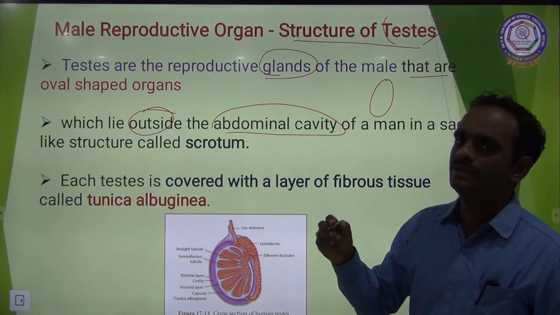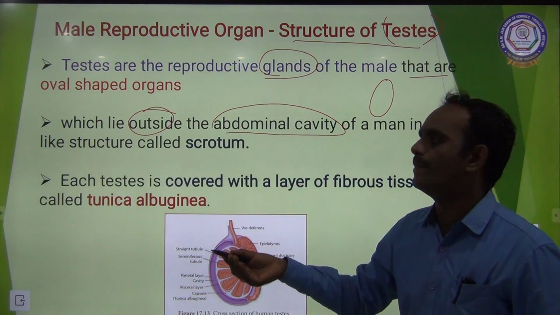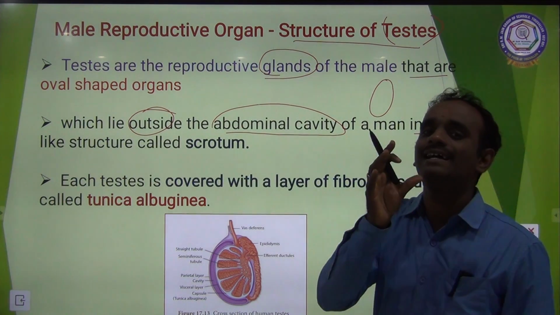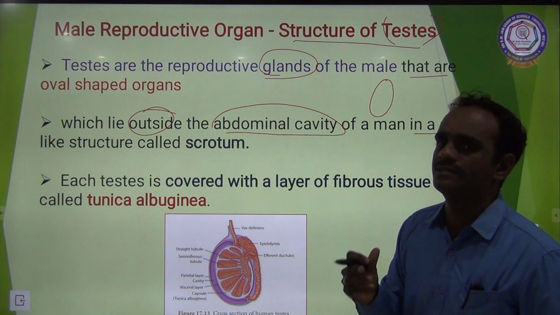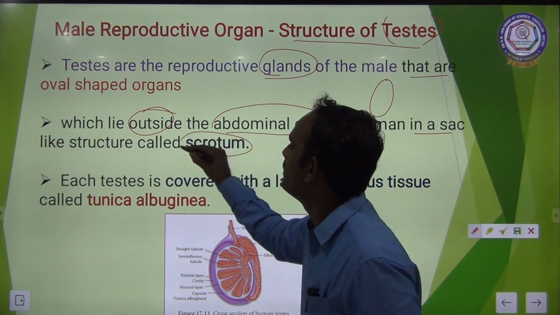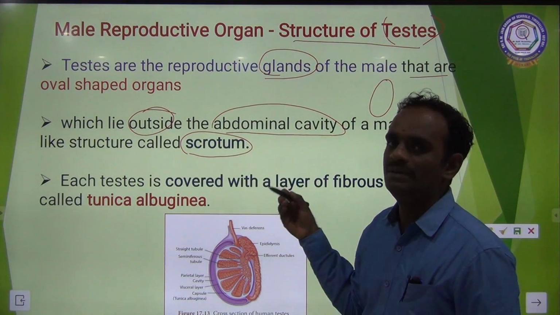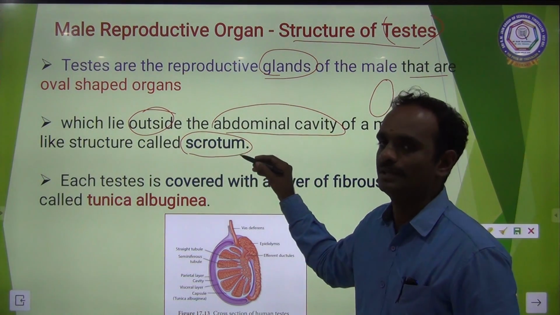The testis is present outside the abdominal cavity of man in a sac like structure. It is a bag like structure called scrotum. It is a very new term for you, scrotum. Please repeat after me, scrotum.